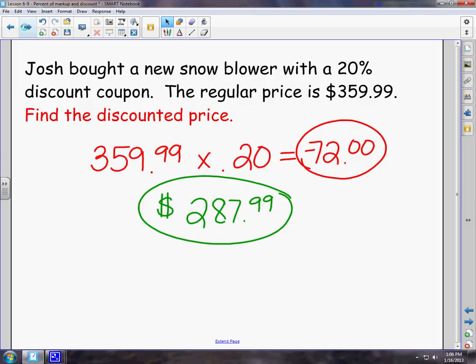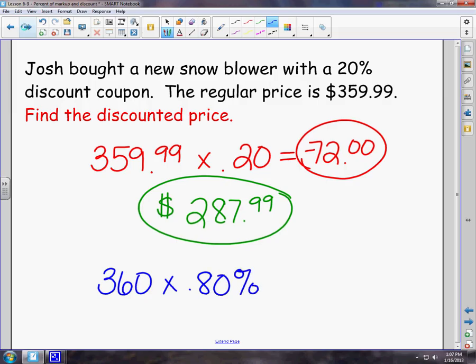Here is a quick little shortcut if you ever want to use this when you're at the store. This is what I do. If I'm going to pay $360 for this snowblower and I get 20% off, that means I am going to pay 80%.